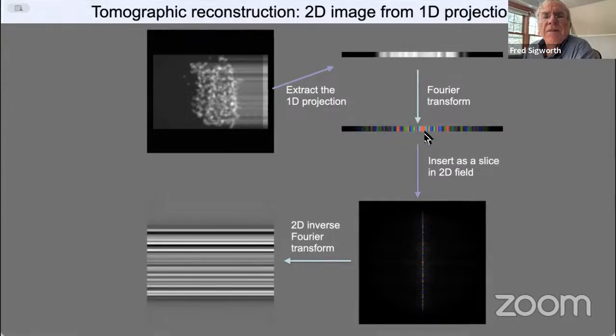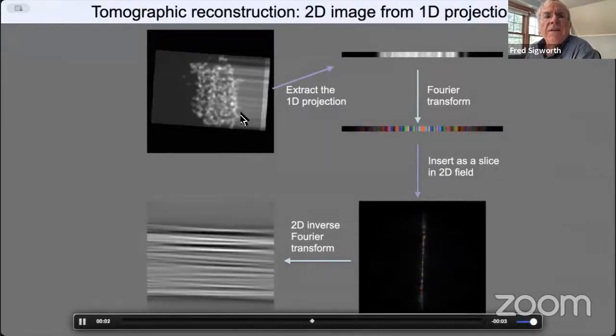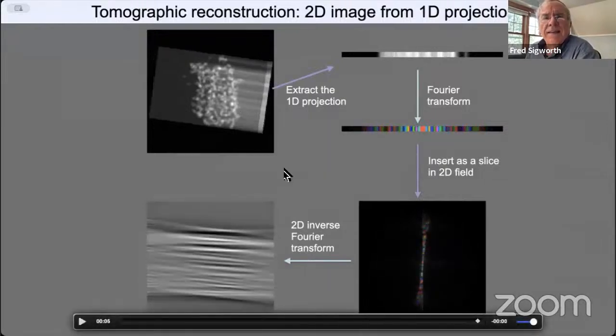We take that projection, we Fourier transform it, and we insert it as a slice into a 2D field. And just for fun, as we build this up, I'm doing an inverse Fourier transform of that, so we can see how well we're doing with reconstruction. So the idea is then we take projections at slightly different angles, and we start filling in more and more slices in the 2D field.